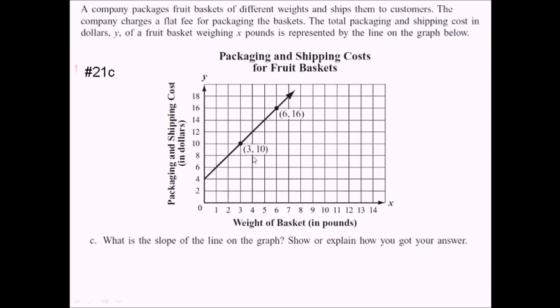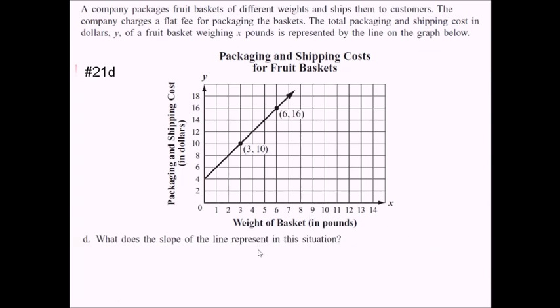So just to be on the very safe side, I'm going to use (3,10) and (6,16). But it turns out anything else that looks like it's on this line does actually work on this problem. So we're going to have 16 minus 10 for our numerator and 6 minus 3 for the denominator, delta y over delta x. So that's 6 over 3, which comes out to 2.